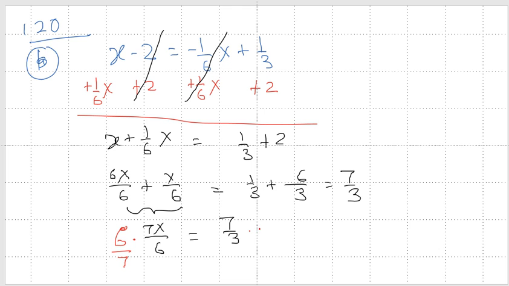It's multiplying by the reciprocal, both sides, 6 and 7. And then what happens? Well, this 6 and this 6 cancel, this 7 and this 7 cancel, this 7 and this 7 cancel, and I'm left with x equals 6 over 3, which is equal to 2. Okay? So this is one problem. Let's do one more problem.